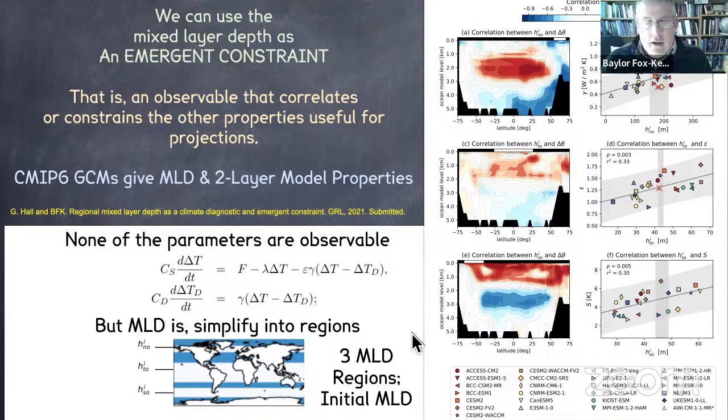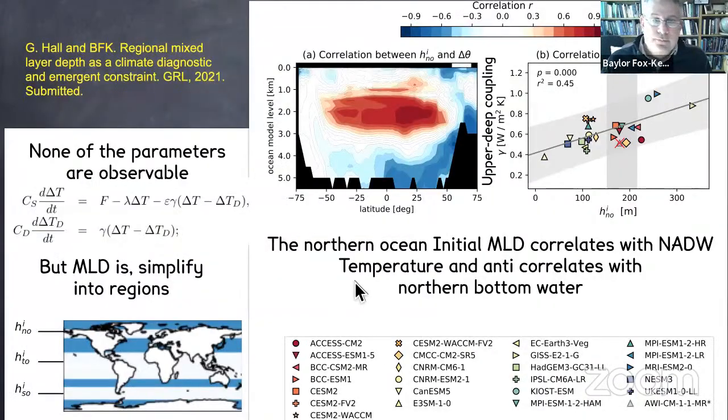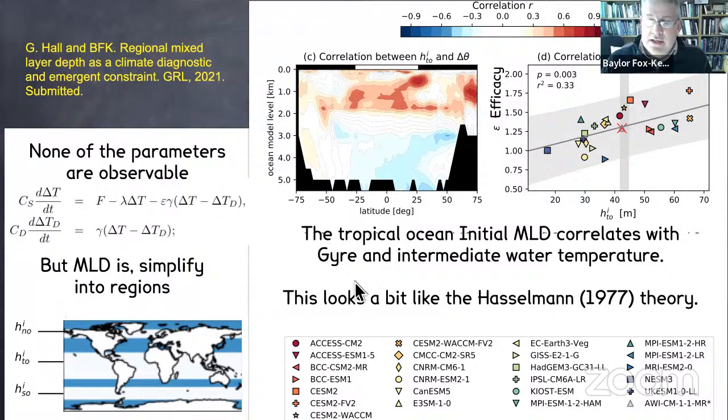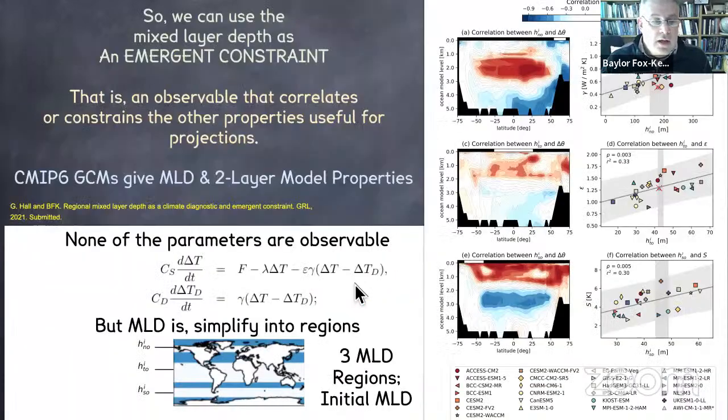You put these all together, you get a big matrix. Sorry, I'm just zooming in one at a time here. You get a big matrix of all the parameters, and you get cancellation effects between the North Ocean mixed layer depth and the Southern Ocean mixed layer depth, because their North Atlantic deep water impact is in opposite directions. So you really need to separate those out into two different regional mixed layer depth emergent constraints.